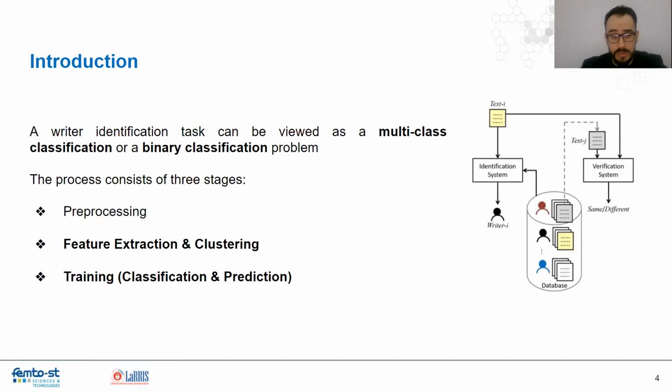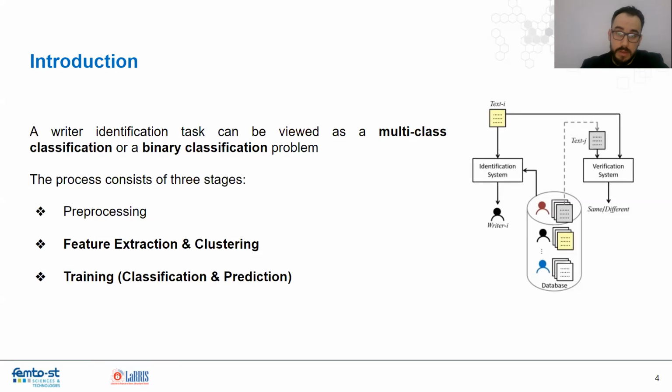So the process consists of three main stages. Usually they start with pre-processing to clean the manuscript and apply some pre-processing techniques, like alignment of the text or of the pages, the images.